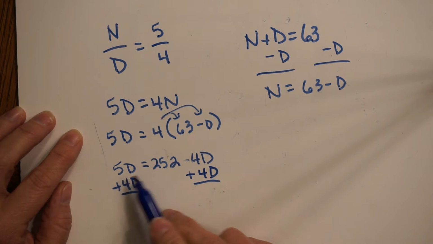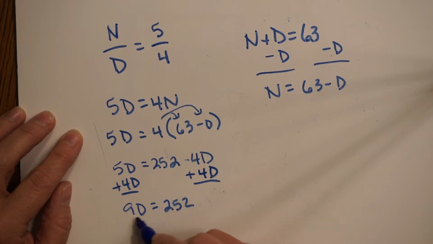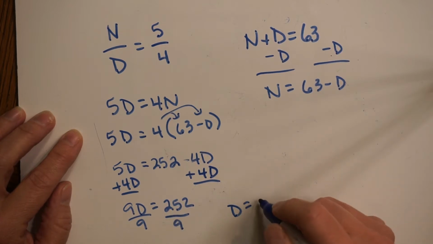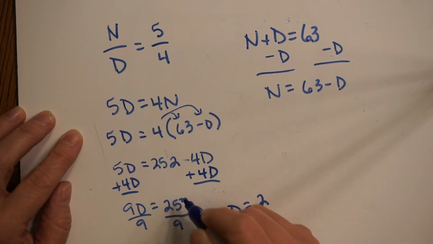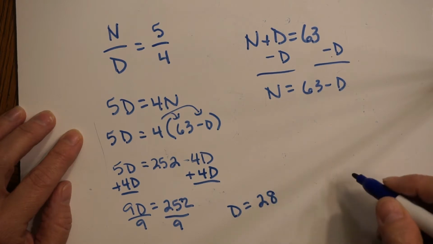I'm going to move that over. I get 9d is equal to 252. Divide both sides by 9. So d is equal to, let's see, 9 goes into 25 twice. 18, there's 7 left over. 9 goes into 72 8 times.